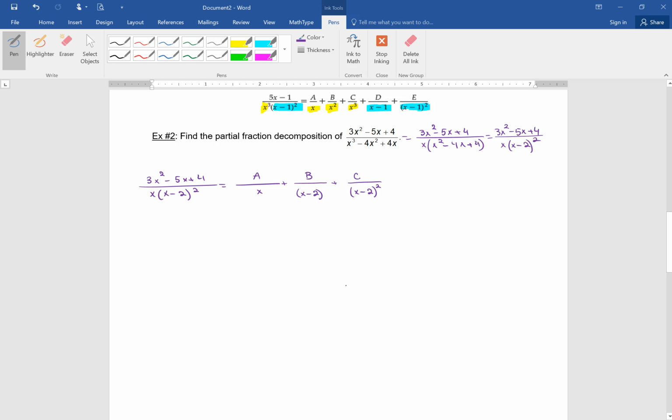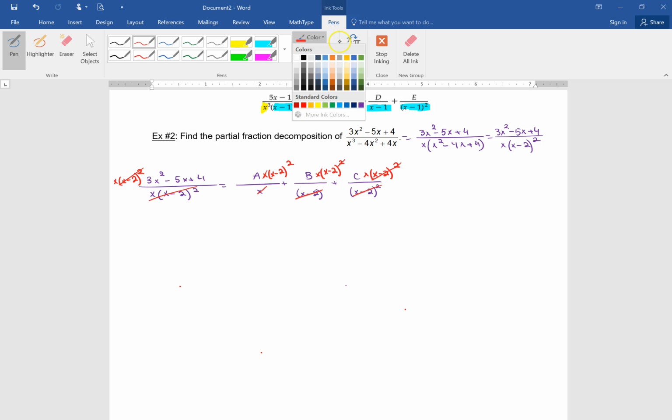We multiply by the common denominator, which is what? X times x minus 2 squared. All right, here the x minus 2 squares go away. In the middle one, 1 x minus 2 cancels with 1 x minus 2. Everything goes away here. Oh, and I forgot this. The x's go away.